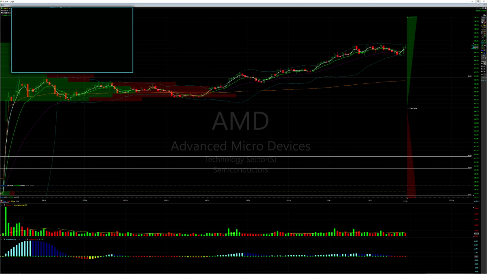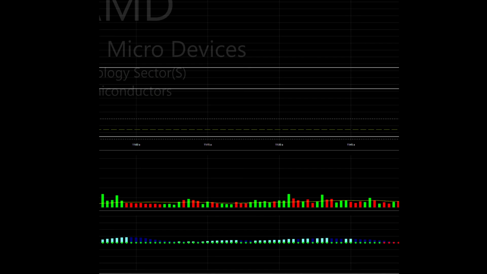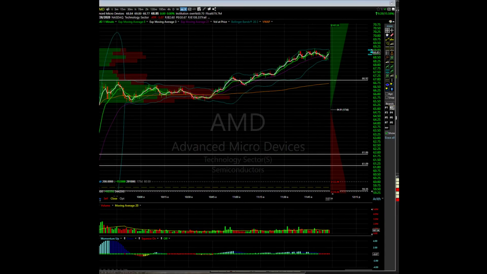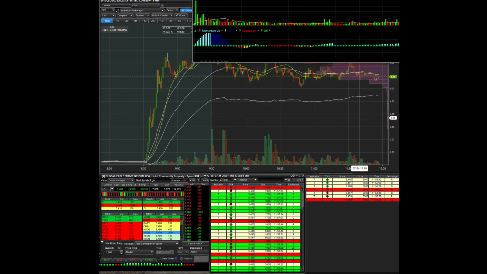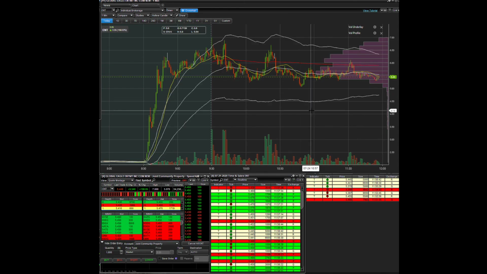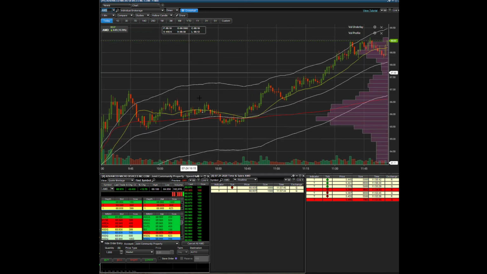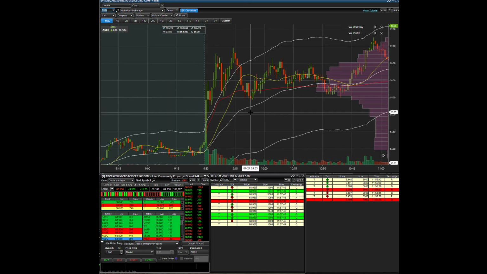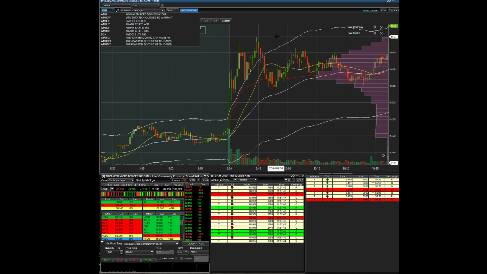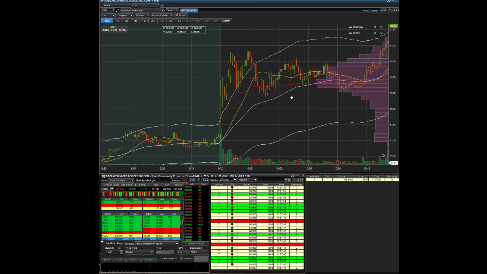You can see it better on the E-Trade, I think, screen. I was waiting for, pull up AMD and scroll it back.